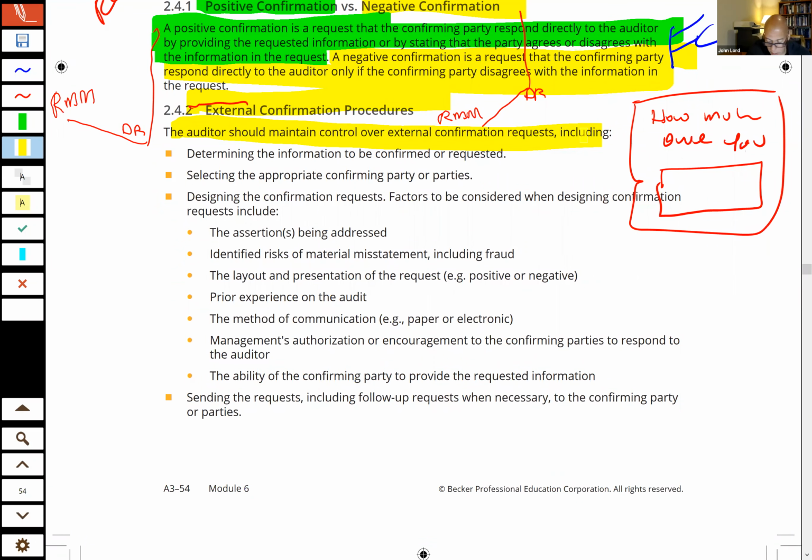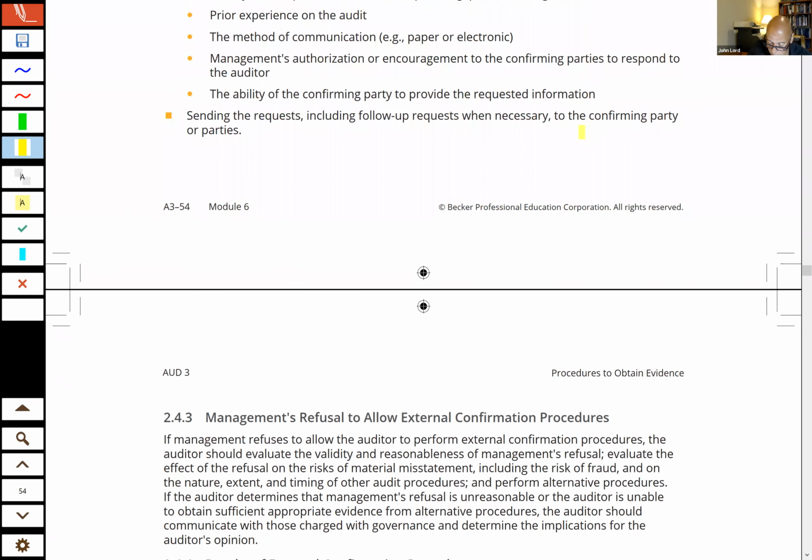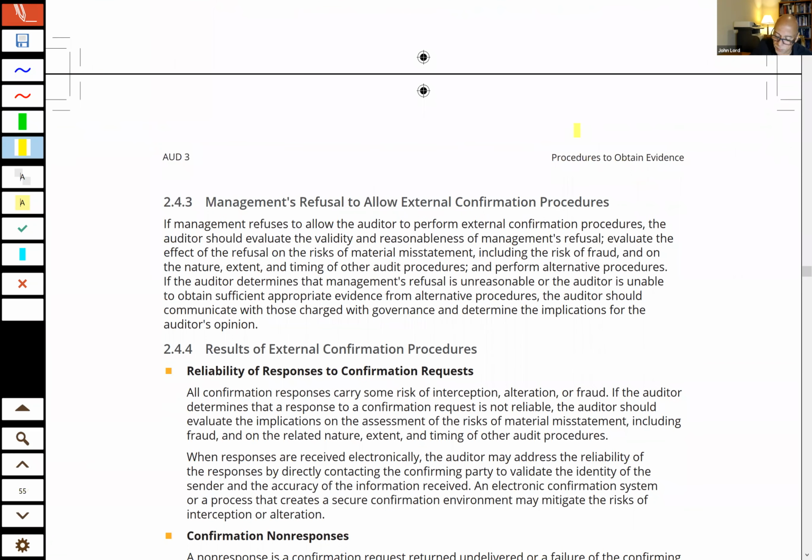Okay. Now, if management refuses, and I don't like the way they use the word refuse there, because now it sounds like management is up to something.